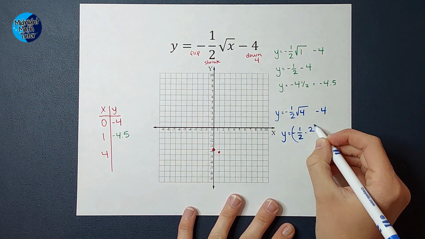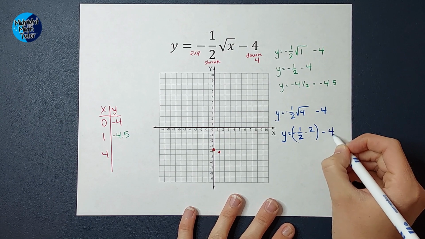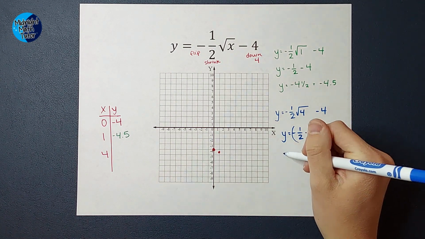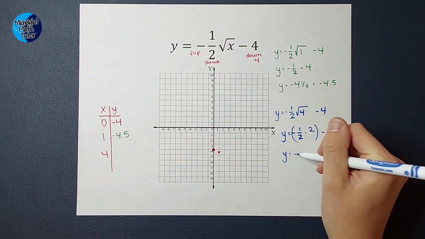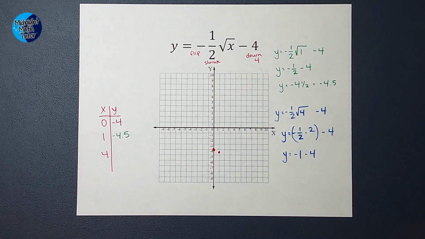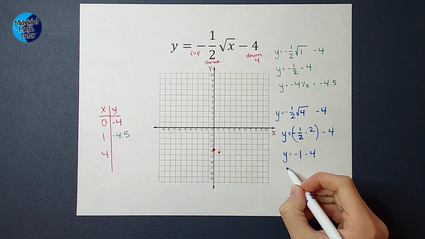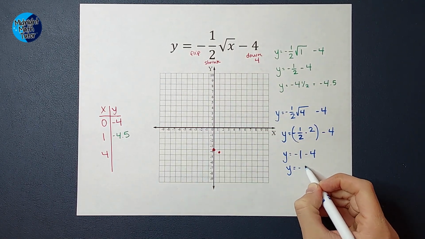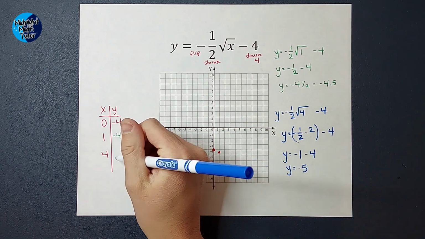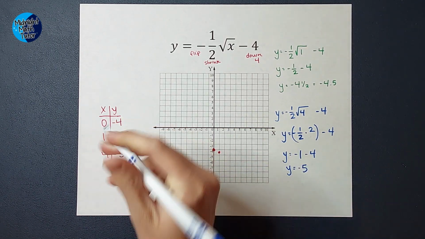I'm just going to put parentheses around these guys so we don't get confused, minus 4. Okay, negative 1/2 times 2 is going to give me a negative 1. Okay, so I'm going to have y equals negative 1 minus 4. If you need multiplying fractions review, I'll link a video. And then negative 1 minus 4 gives me negative 5. Okay, so when I plugged in 4 for x, I got negative 5 for y.